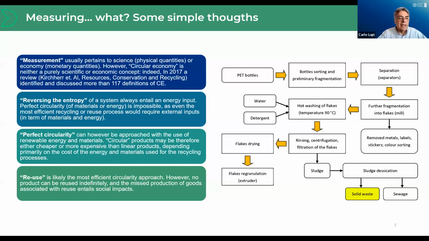In this first slide, I'd like to talk about measurement. Measurement of circular economy is a strange thing, actually, because we are very familiar with measurement of, for instance, physical quantities or even monetary quantities.